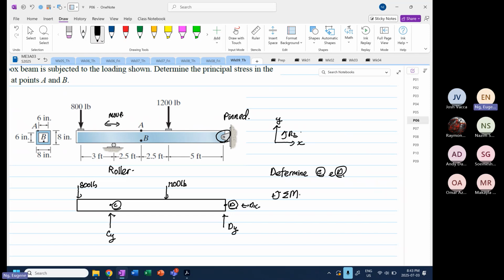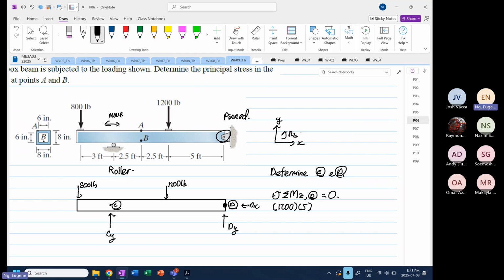So the first thing we're going to do is summation of moment in the z direction at point D, equal to 0. So we're going to take our moment at point D, okay? Going anti-clockwise, we got 1200. Now everything can be in feet here. Later on we have to change into inches, okay? So this is multiplied by 5, going anti-clockwise.